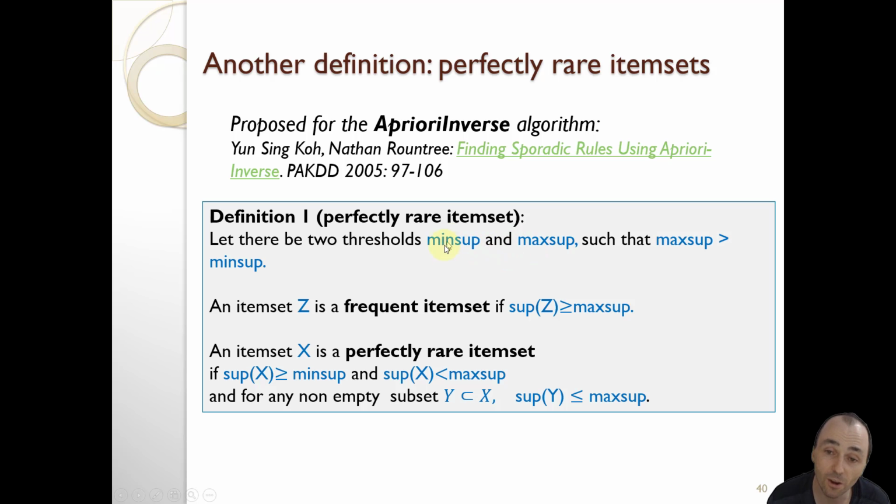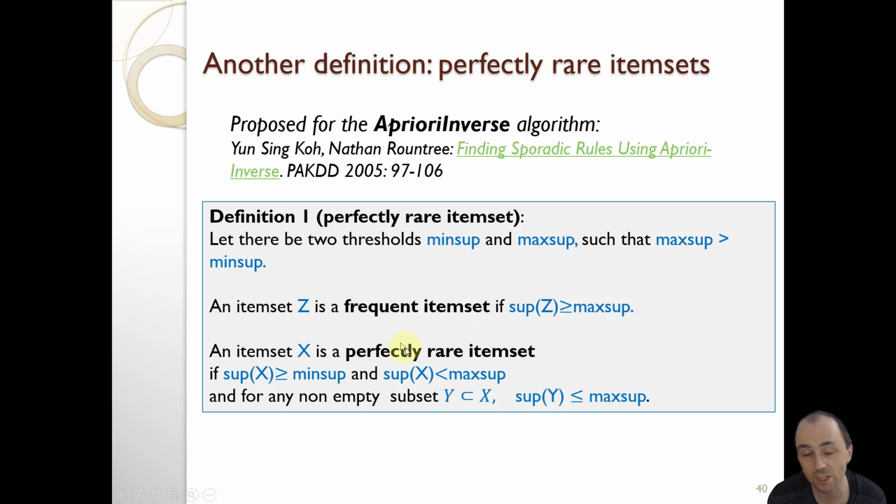These are thresholds set by the user, and the maximum support must be greater than the minimum. We say a frequent item set is an item set whose support is greater than or equal to the maximum support.